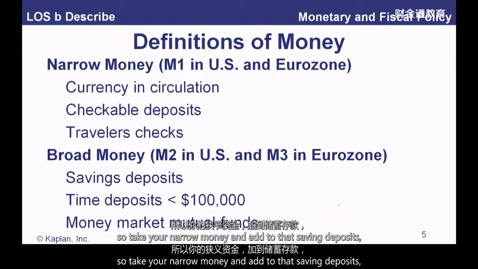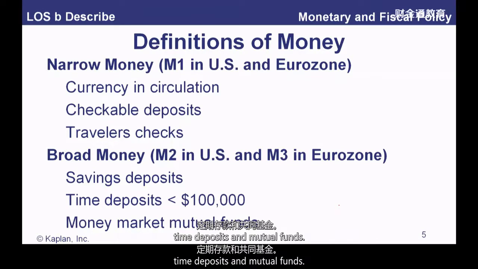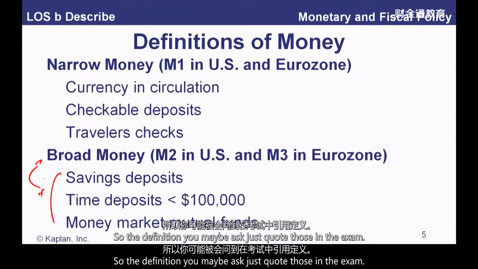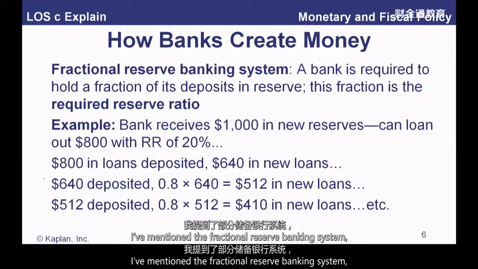So take your narrow money and add to that savings deposits, time deposits, and mutual funds. So narrow plus all of these three will give you your broad money. So these definitions, you may be asked just to quote those in the exam. I've mentioned this fractional reserve banking system.